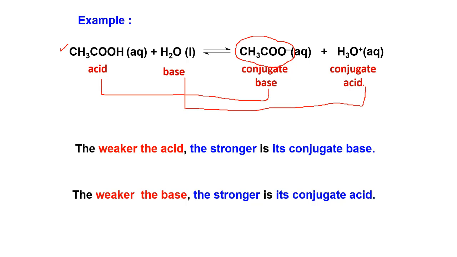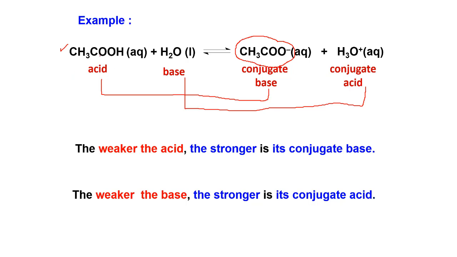Alright? Okay, jadi tadi saya sebut in any acid-base equilibrium, both forward and reverse reaction akan involve a proton transfer. Maksudnya you tengok sini, forward reaction, acetic acid donate a proton to water. Tetapi yang reverse reaction, acetate ion accept a proton from hydronium ion. Jadi hydronium ion pula donate a proton kepada acetate ion.